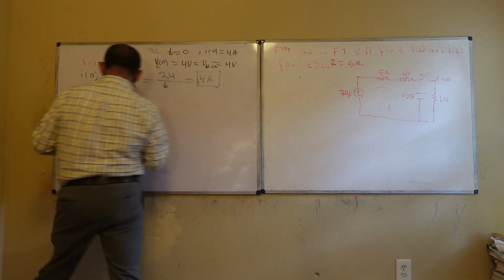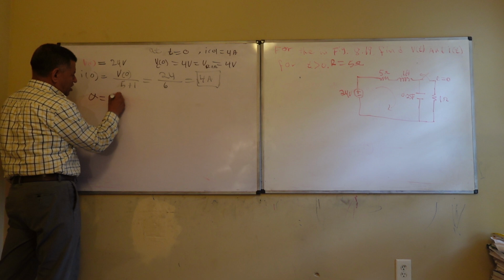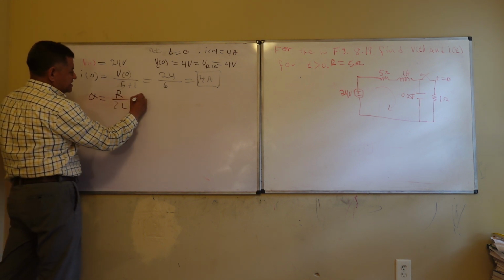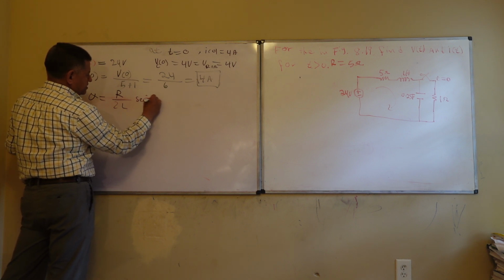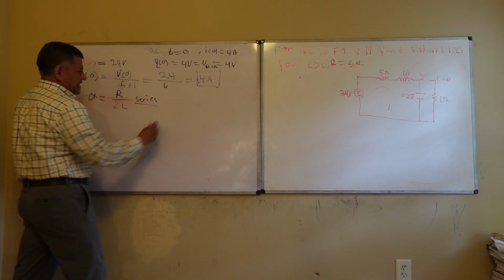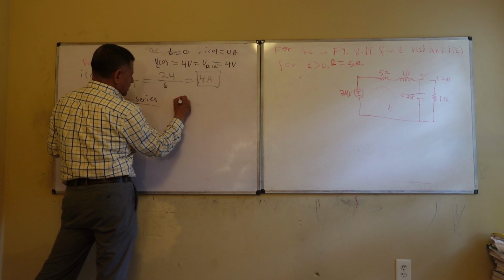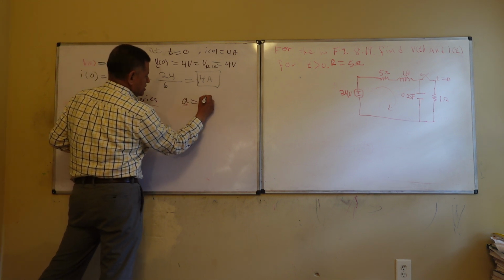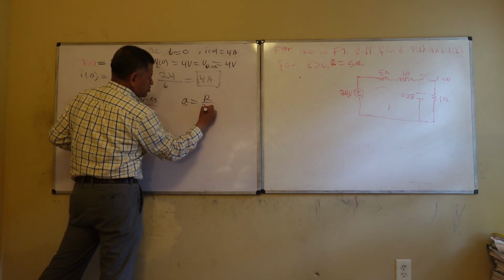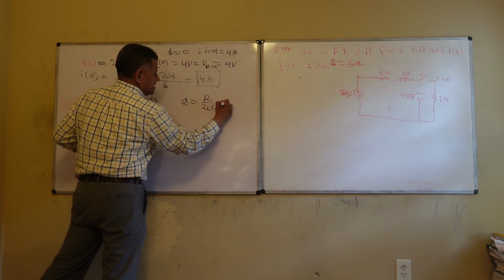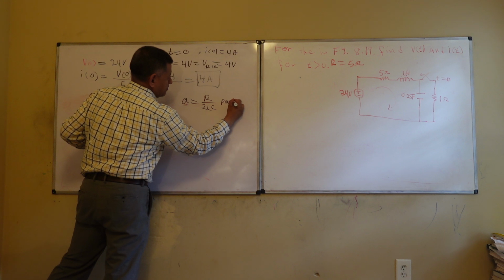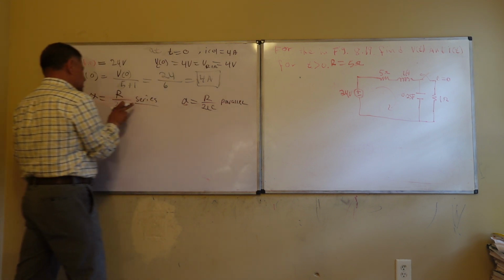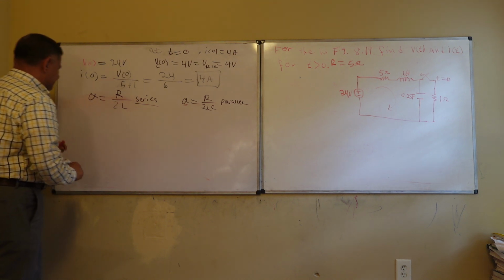So now we're using the formula R over 2L, because this is in series. If it was in parallel, we would use alpha equal to 1 over 2RC. This is for parallel, but we're dealing with series only at the moment.